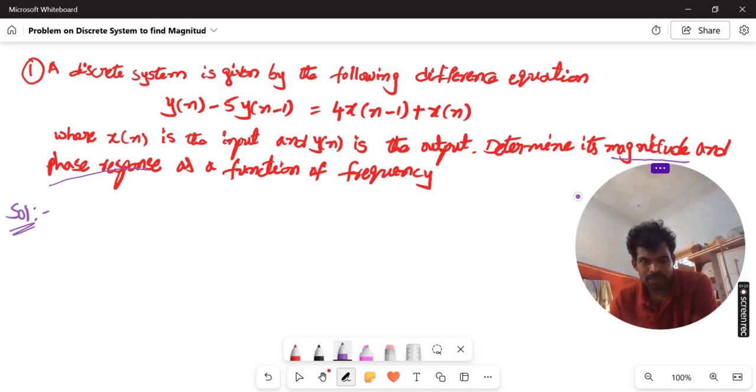Let us write down the given difference equation once again. y of n minus 5 y of n minus 1 is equal to x of n plus 4 into x of n minus 1.